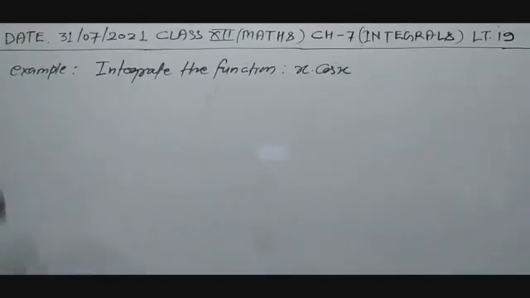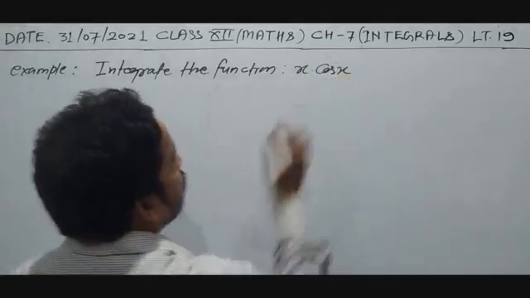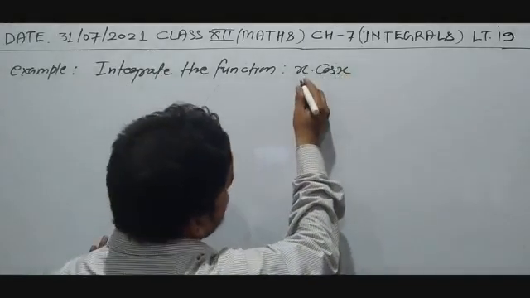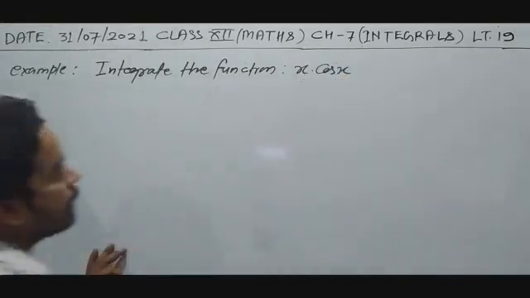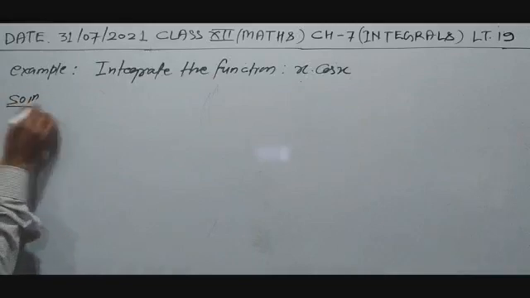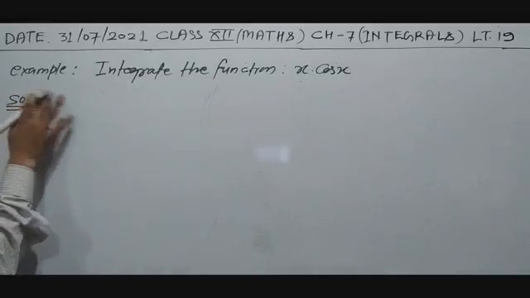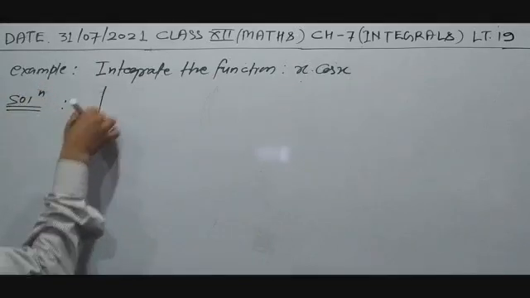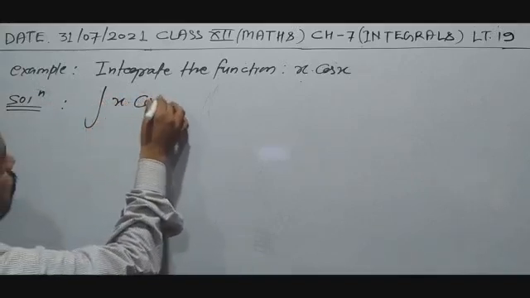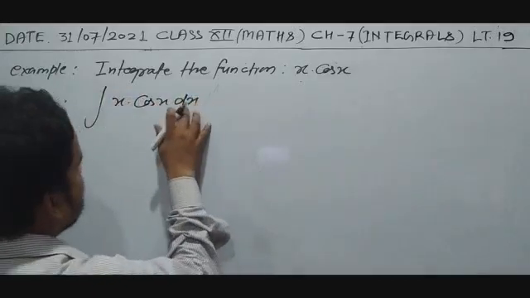Now the first example I have taken: integrate the function x cos x. So x cos x means x is an algebraic function and cos x is a trigonometric function. So the solution is: integrate the function x times cos x dx.